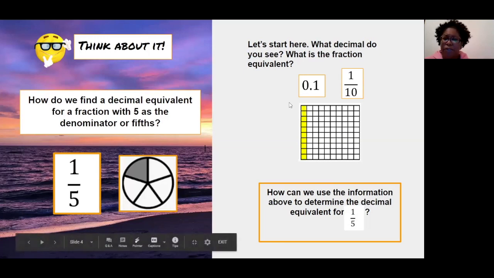So this was easy. 1/10, we easily were able to identify its fraction equivalent, 1/10. But it's not so easy with 1/5. So how can we use this to determine a decimal equivalent for 1/5? Well, let's see.